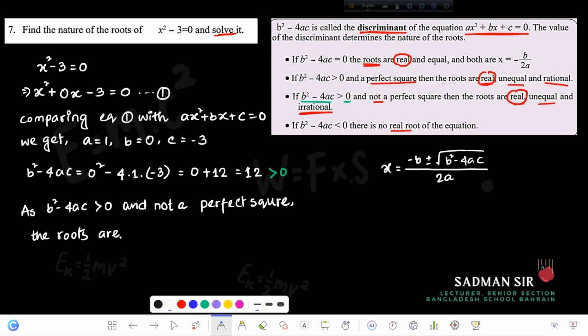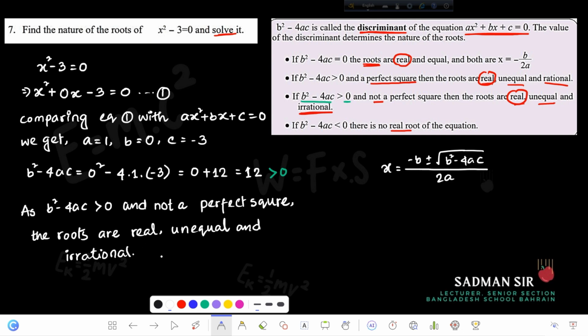Okay, so we are done finding the nature of the root.